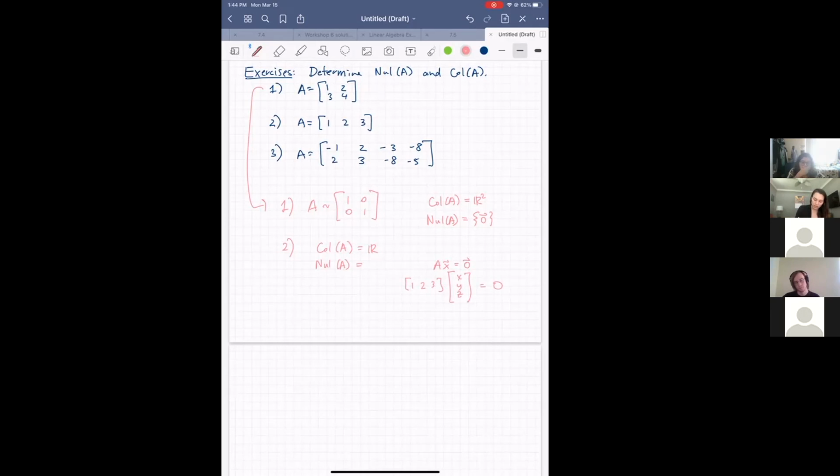On the left-hand side, if we multiply this out, we get X plus 2Y plus 3Z equals 0, right? It says 3y instead of 3z. Oh, it does, yeah, thank you. I just want to make sure it's clear for when we go back over the notes. Yeah, it's good to point out typos because that can be confusing.